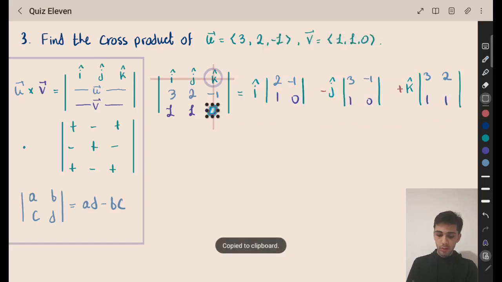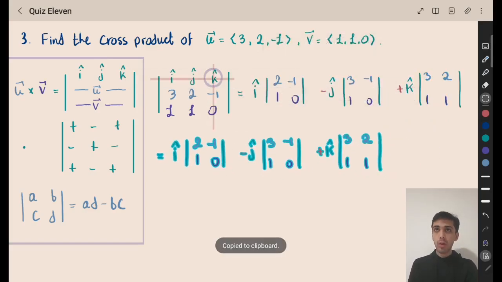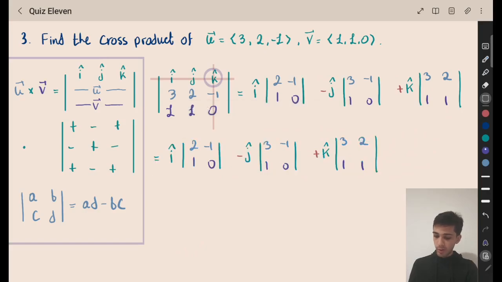So I take this, I do AD minus BC, I get 1. I do AD minus BC, I get 1 again.